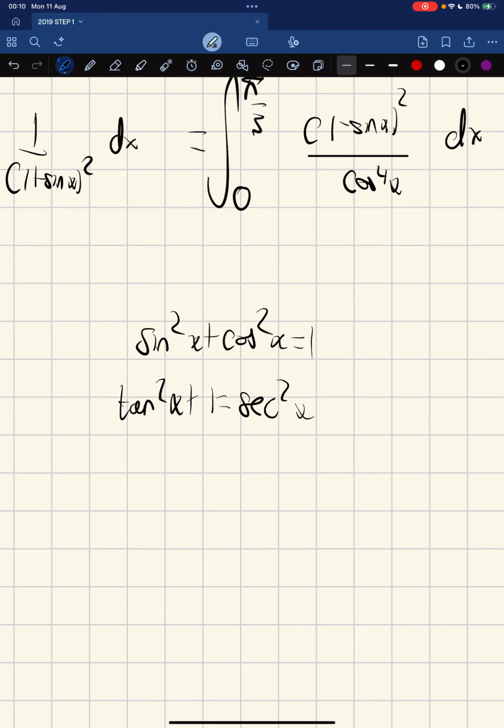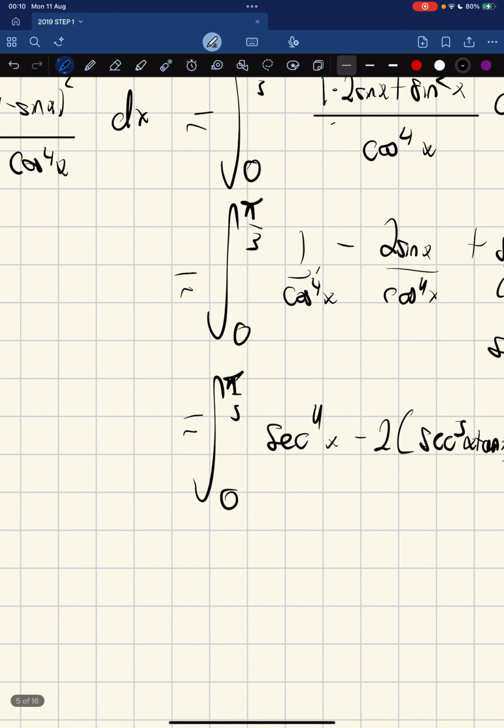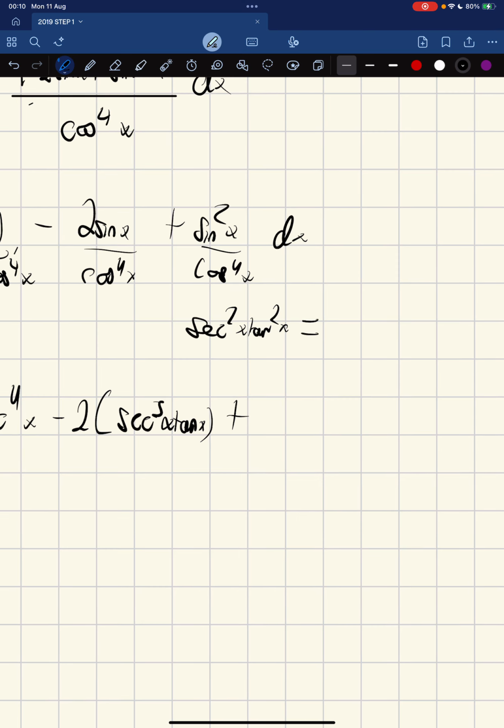So now we're going to replace this, we get tan squared of x equals sec squared of x minus 1. We replace this back here now. That's going to be sec squared of x times sec squared of x minus 1. So we get sec to the 4x minus sec squared of x.